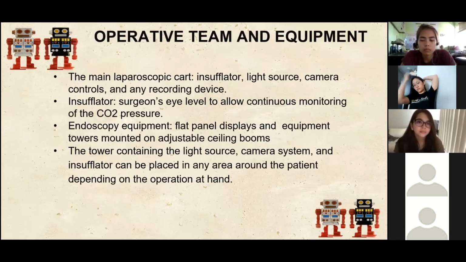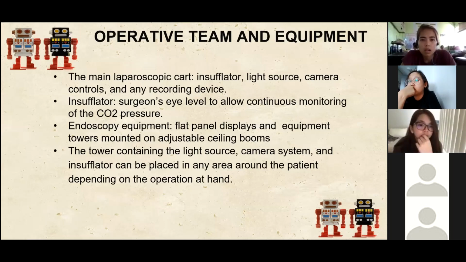So for your operative team and equipment, the main laparoscopic cart should contain the insufflator, the light source, camera controls, and any recording device. Ideally, the insufflator should be placed at the surgeon's eye level to allow continuous monitoring of the CO2 pressure. Endoscopy equipment offers integrated systems that consist of flat panel displays and equipment towers mounted on adjustable ceiling booms.